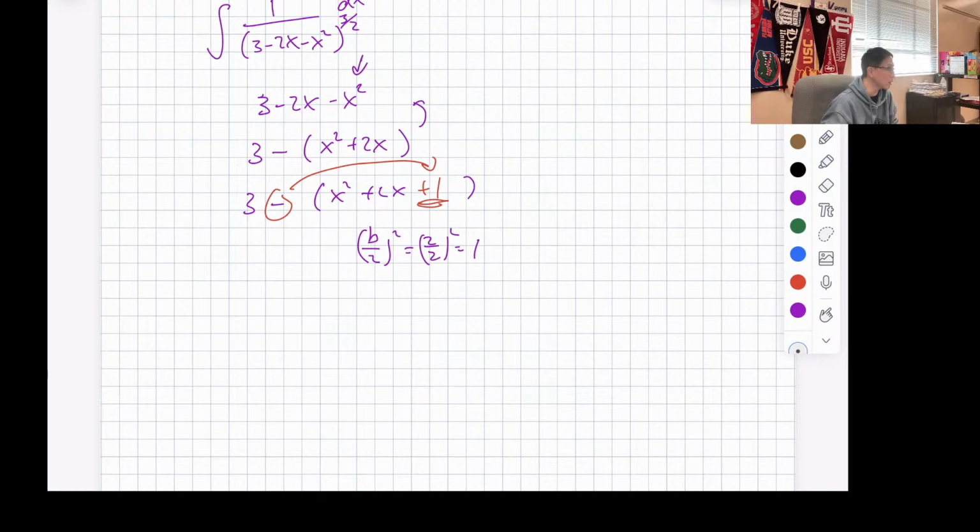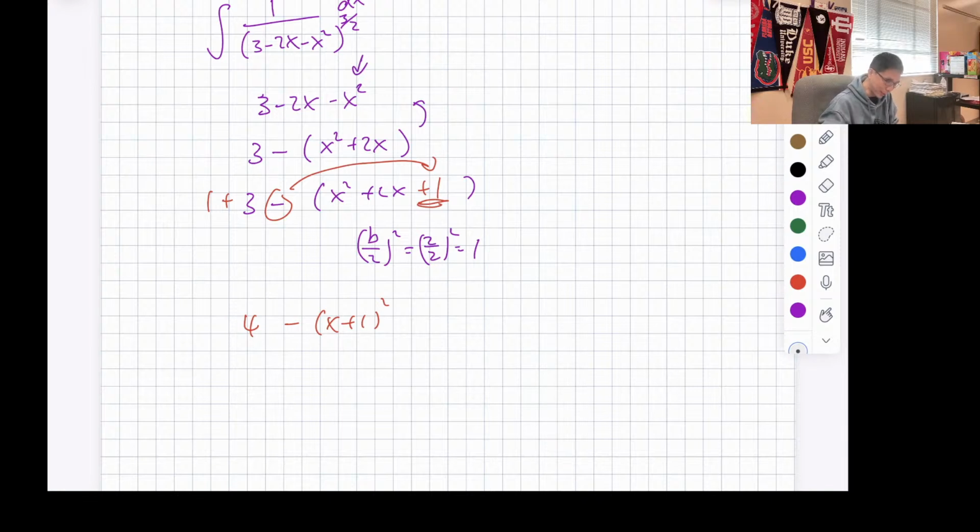Does that make sense? In order to balance the charges. Is that okay? So therefore, I need to add 1 here. And if you don't believe me, distribute it all the way back and see if you go back to before. So it's 4 minus x plus 1 squared.